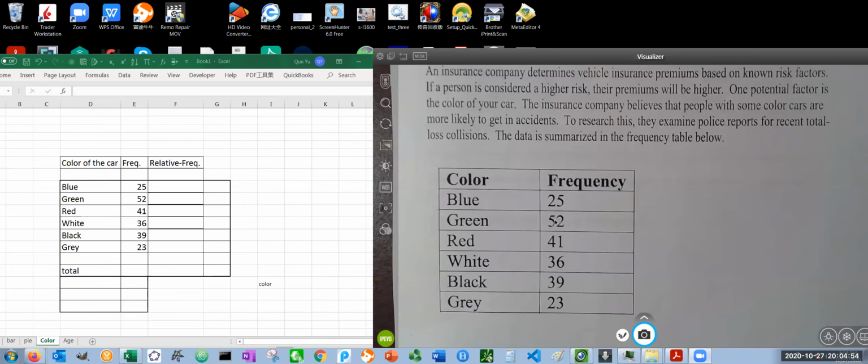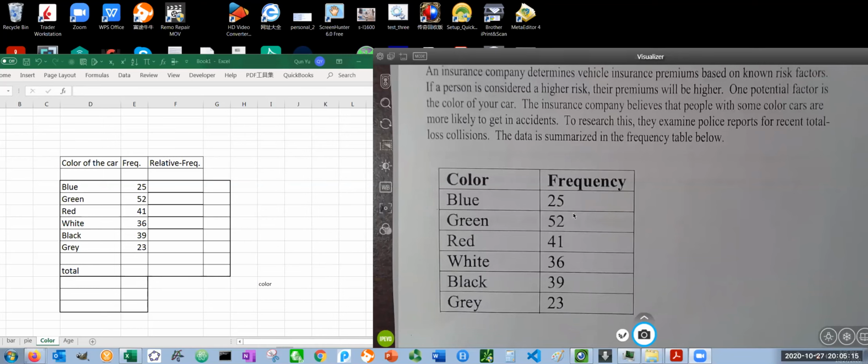Our purpose for this video is to calculate the relative frequency distribution table. This is called a frequency distribution table. Frequency is the actual counts, 25 of them, 52 of them, actual counts. The relative frequency is a percentage, a proportion.